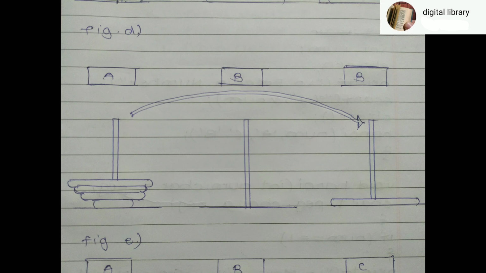So here again we have 3 needles. Needle A has discs which are arranged in an order such that the larger disc is at the bottom, then there is a smaller one, and so on. Now the arrow is pointing towards B or C, so we will insert a disc in the third needle now.